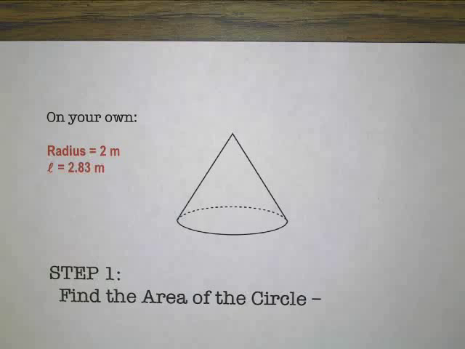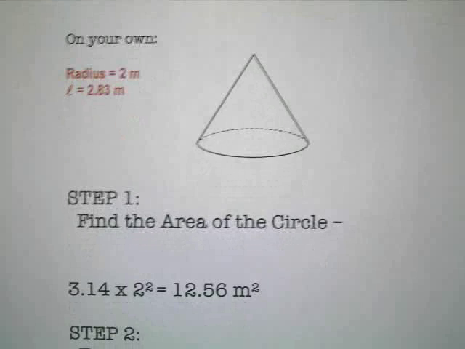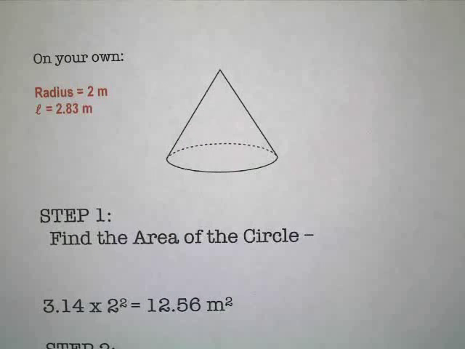And 4 times 3.14 is, Connie? 12.56. And how do we label it, Neosha? Meters squared. So that's step 1.